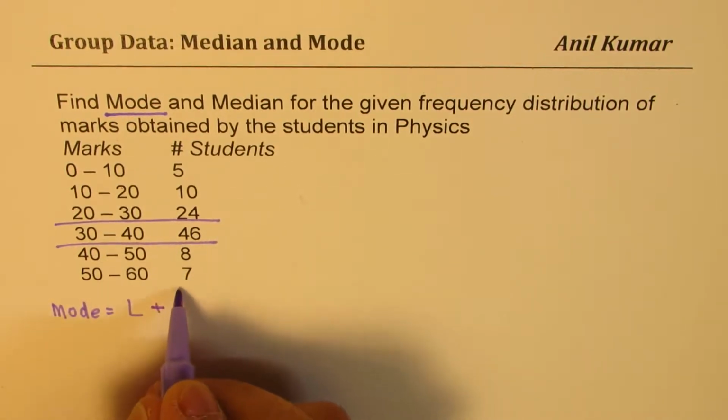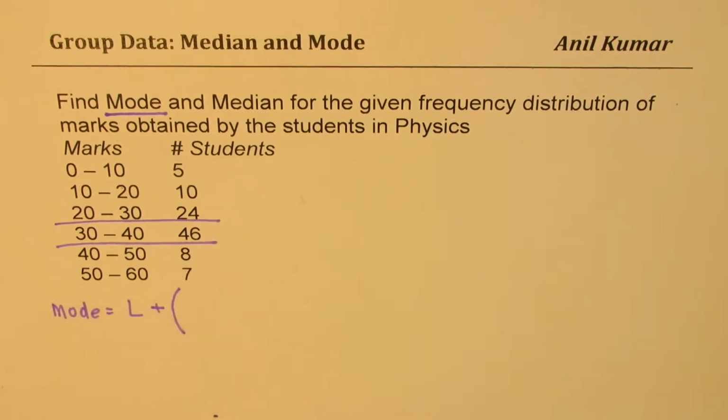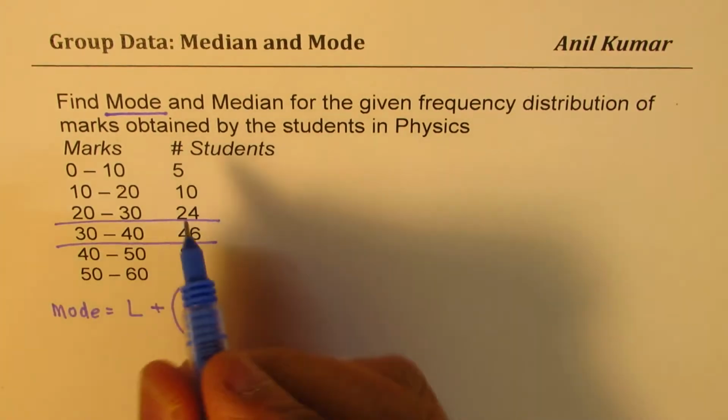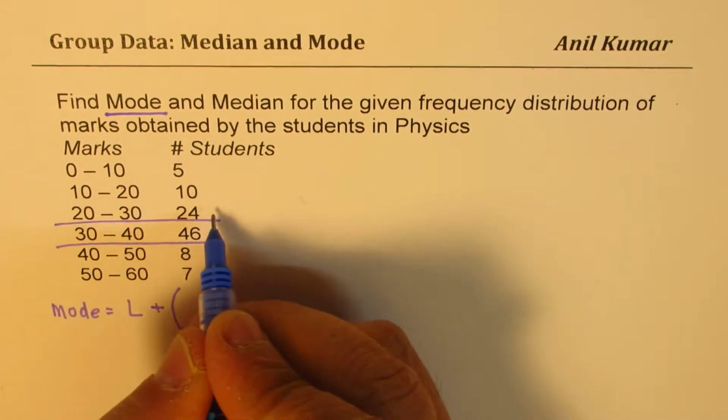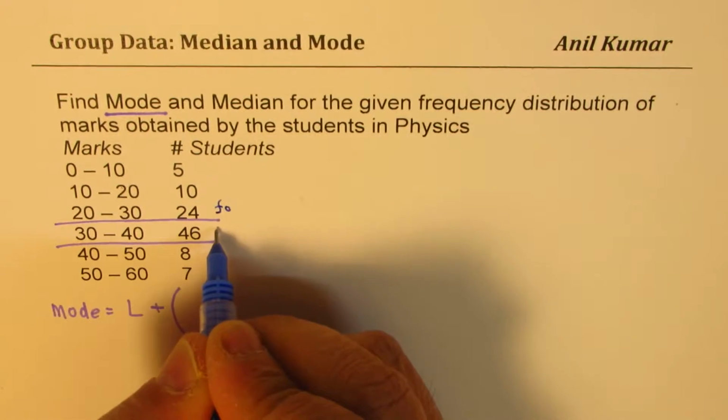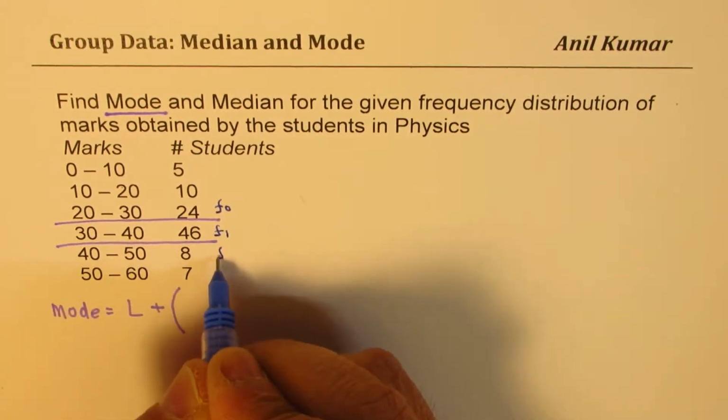Plus there are a couple of frequencies which you need to consider. So let me write down those frequencies here, and then we'll place them in the formula. This frequency just before the modal class, we'll name this as F0. This we'll call F1, and this we'll call F2.